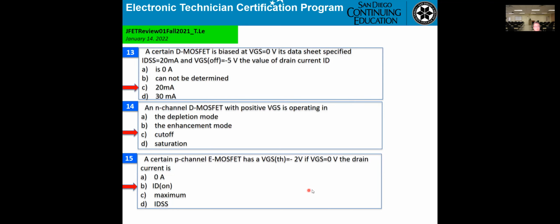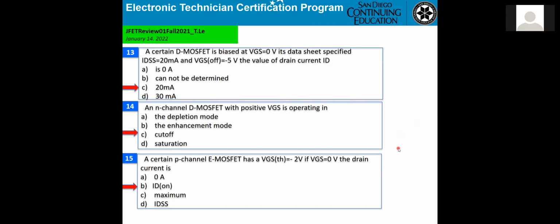Okay, I'm telling you. ID on means the current at VGS equal 0.